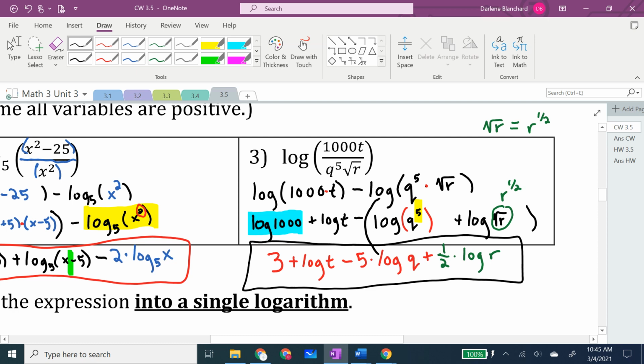And at that point, this is expanded. The thing I don't particularly like about expanding is it's sometimes hard to recognize whether you've expanded enough. What you're looking for is to go into each logarithm, and you're making sure that you don't have any multiplication of two things, any division of two things, or any exponent that is on everything inside that logarithm.